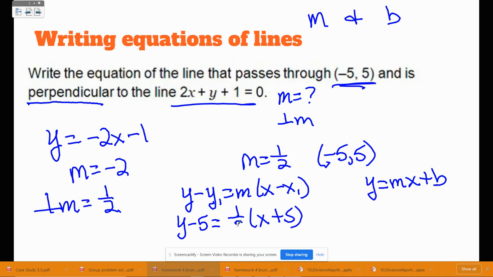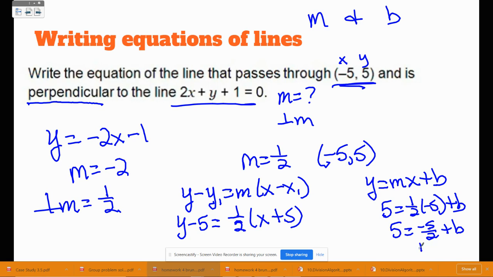You could probably leave it like that, or you could clean it up if you want. If you went this route, you would plug in your point for x and y. 5 is 1/2 times negative 5 plus b. 5 is negative 5/2 plus b. That's negative 2.5.